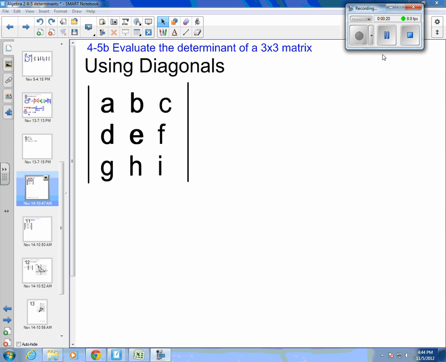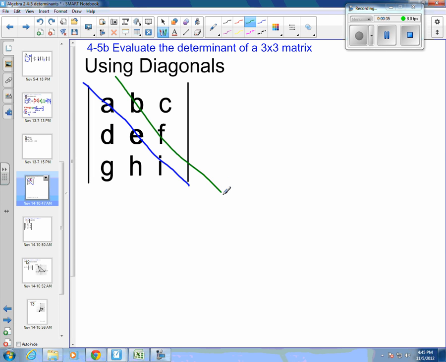So to use diagonals, we have to create diagonals for all of our top numbers here. If I draw a diagonal here, A, E, I would be my diagonal. If I draw my next diagonal here, B, F, and I run out of numbers here, and C, again, there's no numbers here.